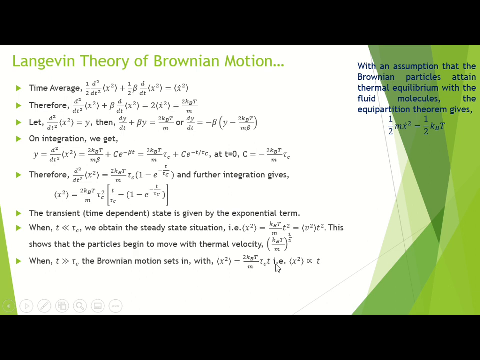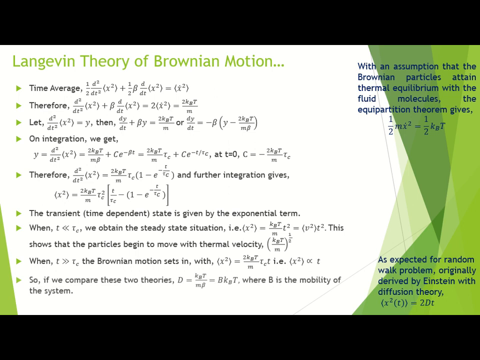And here it is fine, Einstein's model tells the same thing, that the mean square of position will depend on time linearly. So this is fine when t is very very large, but when t is very very small, you have t square dependence, time square dependence.